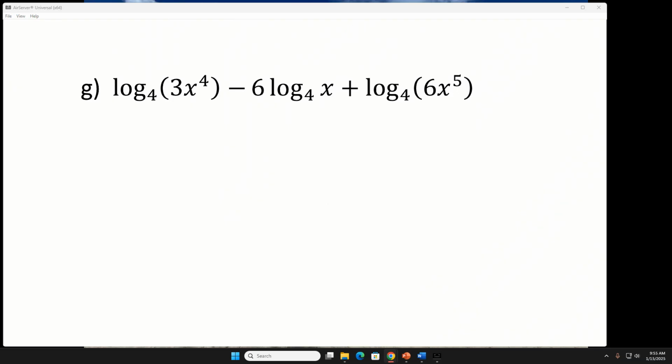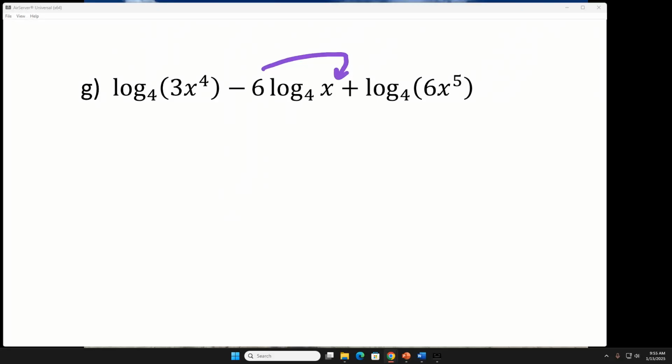So before I can bring these together as a single logarithm, what do I need to do first? Separate. Center one around. Power property. Yes. So the 6 needs to come up. I see what you're saying. We don't want to separate. That does make sense. I can see why you would think that. But we're bringing them together.